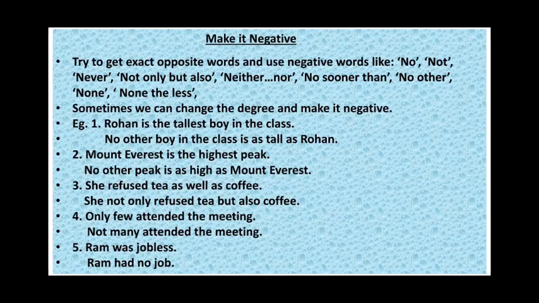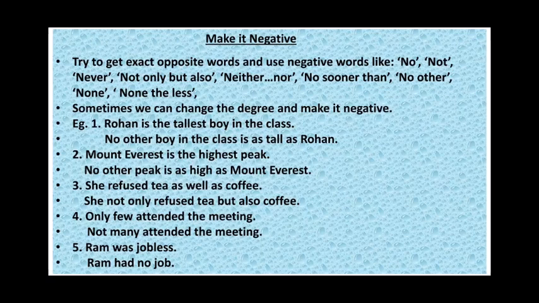For example, Rohan is the tallest boy in the class. So this you can change it as no other boy in the class is as tall as Rohan. So we have changed tallest into tall. Next, Mount Everest is the highest peak.